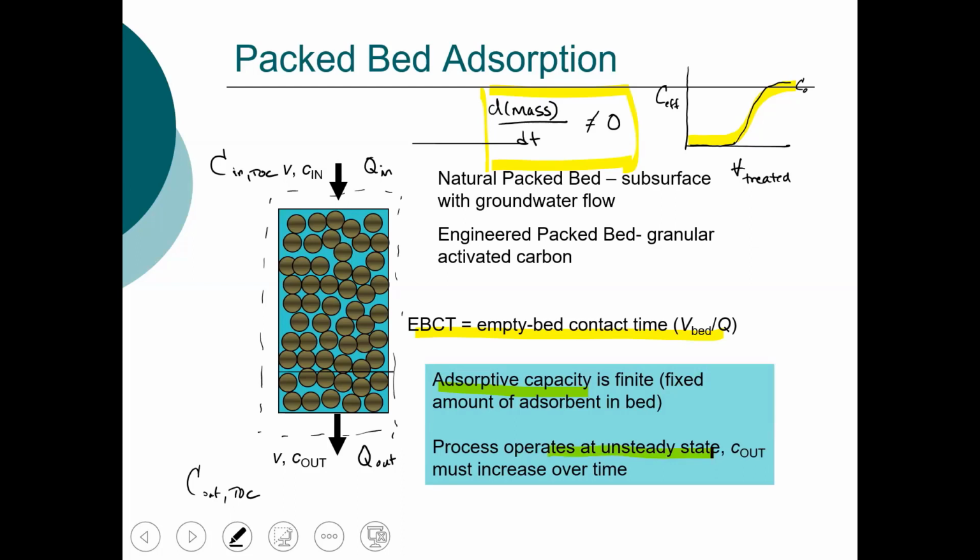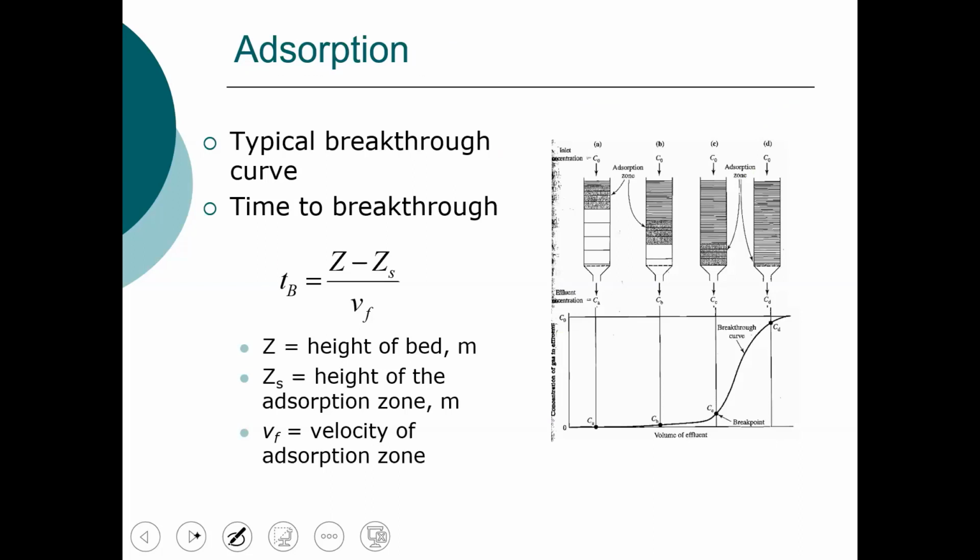When we talked about the CSTR system on Friday, and I've posted that video, we were looking at operating that system at steady state. This is not a steady state system. I just drew a typical breakthrough curve. This one is drawn here.